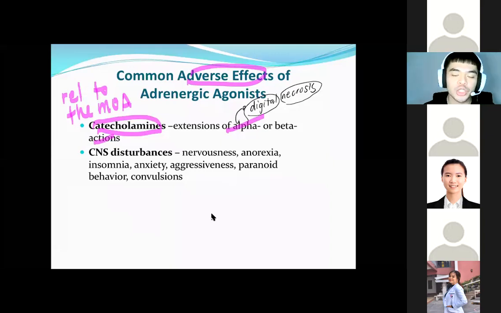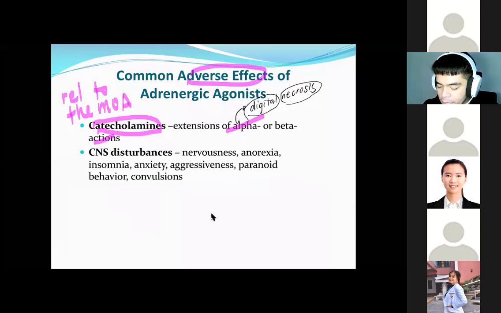Kaya yung mga patients na may digital necrosis, makikita nyo sa mga daliri nila, parang patay yung kuko, nagko-color violet kasi nga cells in the digits, they die. That's why one of the monitoring that you can do pag nagbibigay ng catecholamine sa pasyente, check the digits kung namamayulet na siya. Ibig sabihin, pwede nang adverse ang activity ng mga natural catecholamines.